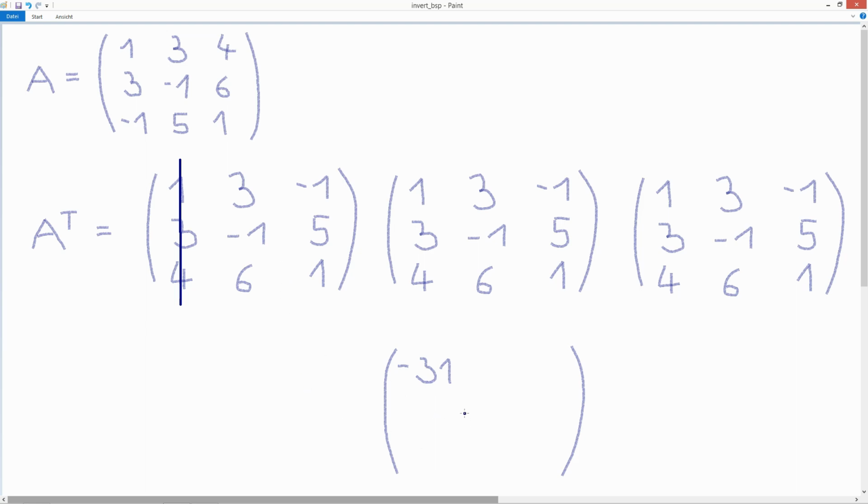For the second entry of the cross product, we have to ignore this here and calculate -1 times 6 minus 3 times 1 is minus 9. For the last entry of the cross product, we have to ignore this here and calculate 3 times 5 minus -1 times -1 is 14.